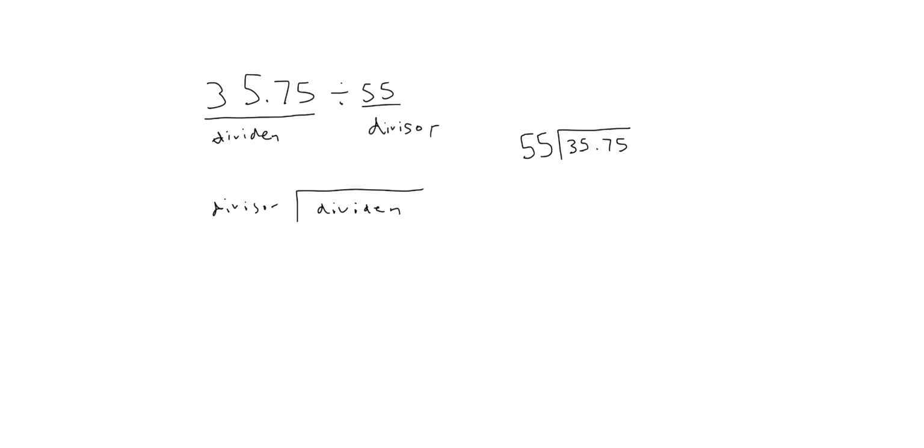The decimal is at the end, but it's invisible. When it's at the end of the number, we don't need to write it in. So all we need to worry about is just go ahead and divide.